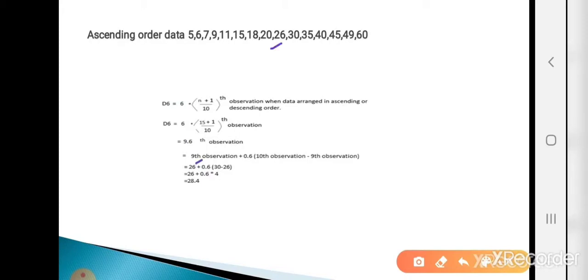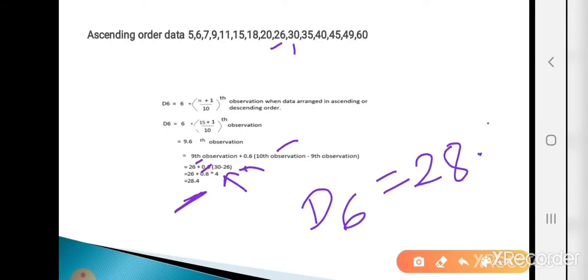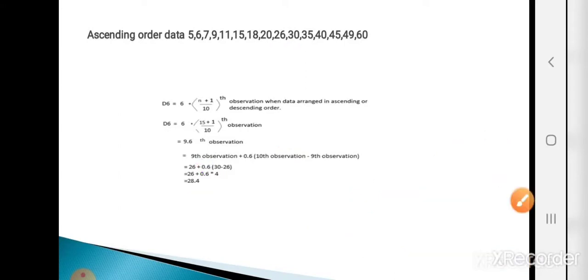So 26 plus 0.6 as it is. Which one is the 10th observation? The 10th observation is 30, so 30 minus 26. Now 26 plus 0.6 into (30 minus 26), that is 4. So 0.6 into 4 is 2.4. So 2.4 plus 26 is 28.4. This is the value of the 6th decile, so D6 is equal to 28.4.